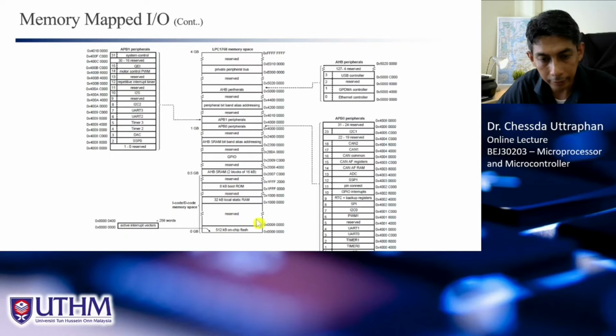And this one is reserved, which means not used. So you cannot access this location. You can read actually, but you cannot write. But read has no meaning, because this is not used.